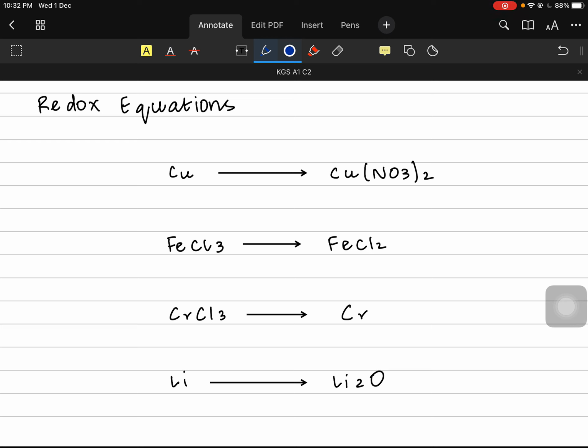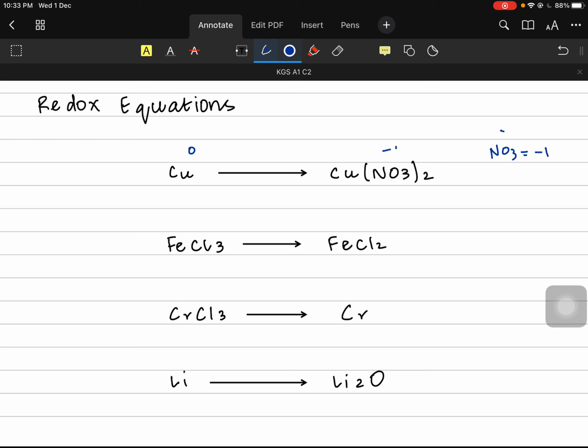But let's see. If it's pure copper in the beginning, it's just Cu. It has to be 0 because it's an element. It's not with any other element or compound. In copper nitrate, the copper is with two nitrates. Individually NO3 as a whole is -1 because it has a -1 charge.